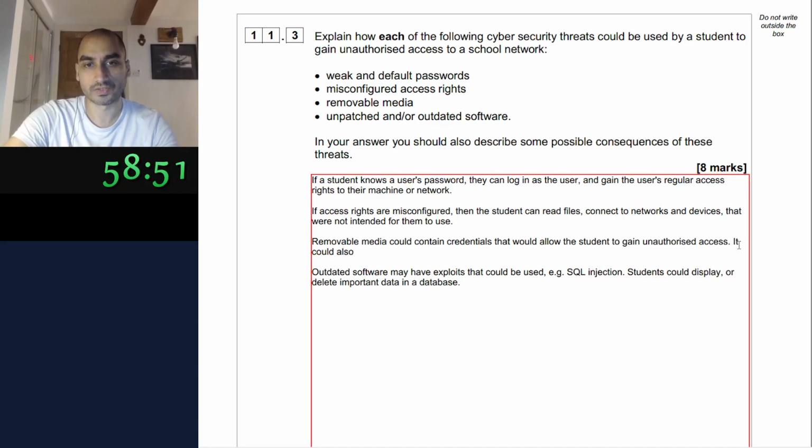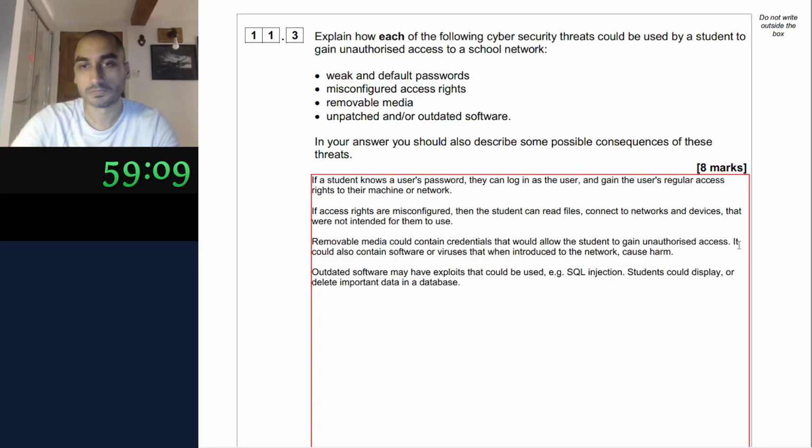It could also contain software or viruses that, when introduced to the network, cause harm. Let's just keep adding random things. Let's steal data.